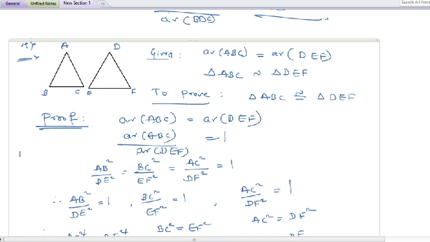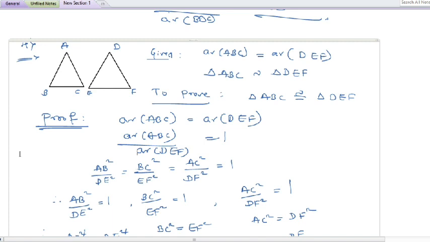Proof. Here these two areas are equal. So, we can write area of ABC divided by area of DEF is equal to 1, because they are equal. Area of ABC by area of DEF can be written as AB square by DE square, because they are similar triangles, and their corresponding sides are in proportion.